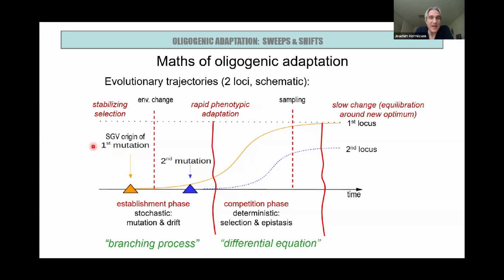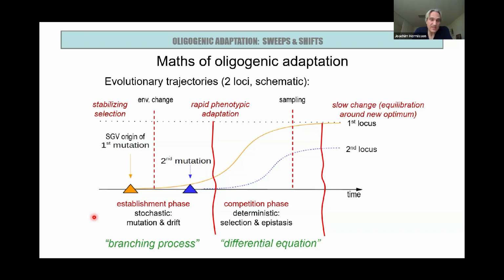Now, concerning the maths of oligogenic adaptation, say we dissect things further. We have a phase where allele frequencies are initially very low. This can be even before the environmental change, so allele frequencies in the standing genetic variation, or alleles that come in as new mutations after the environmental change, which also obviously start at low frequency. That's called the establishment phase.